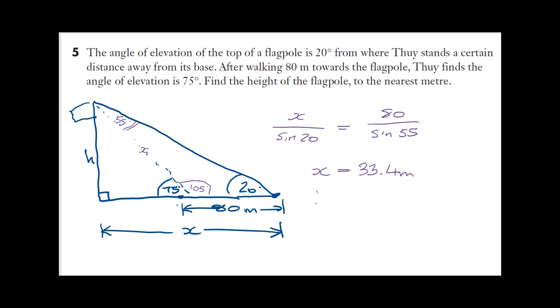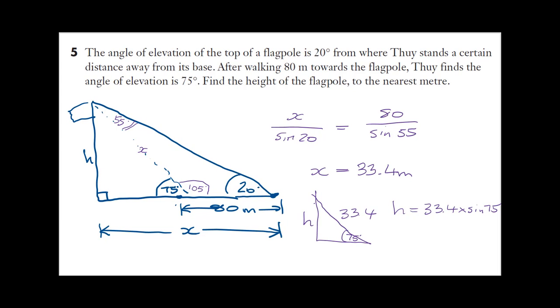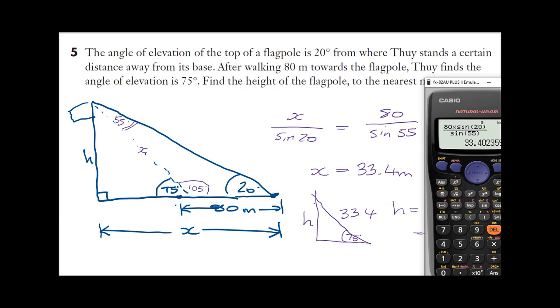Okay, so now that we've got that, we've got the right angled triangle. We want to know the height. We've got 33.4 and we've got a 75 degree angle down the bottom here. So we've got a sine ratio there, so sine 75 equals h over that, so we'll just take a little bit of a shortcut here, so 33.4 times sine 75, and that should give us the height of the flagpole.